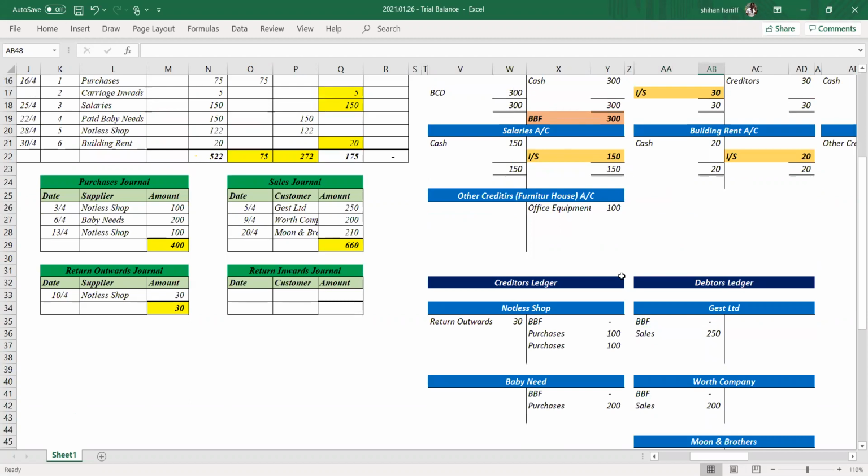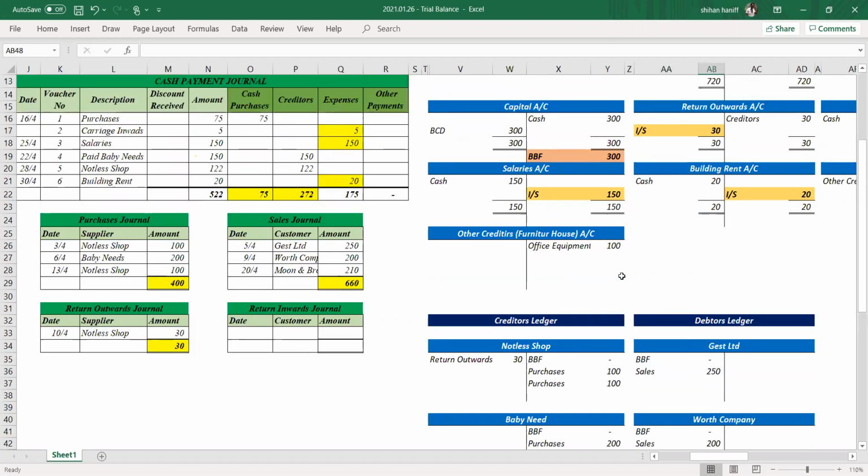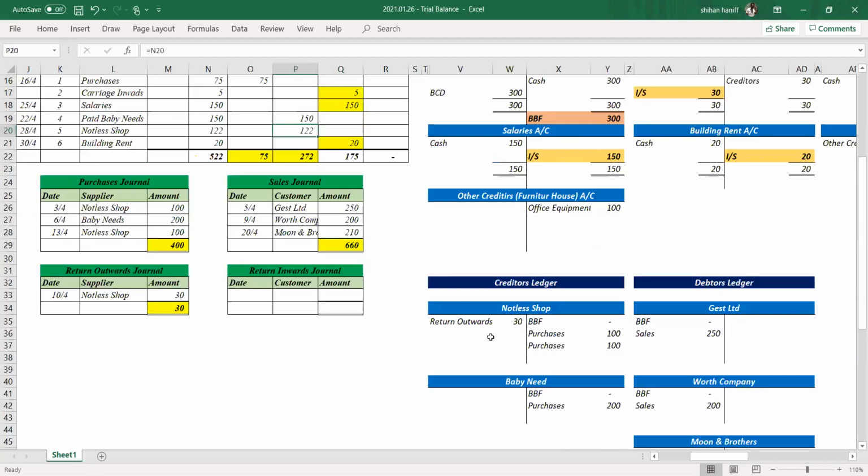Then the cash transactions. Creditors. Paid to Baby Needs 150. Cash paid to Not Plus Shop 122. Baby Needs cash paid is 150.